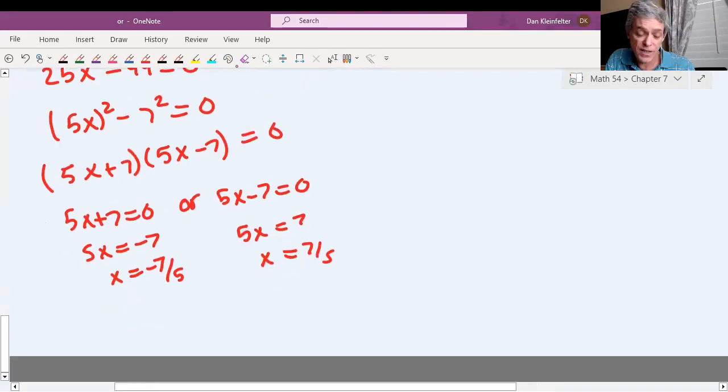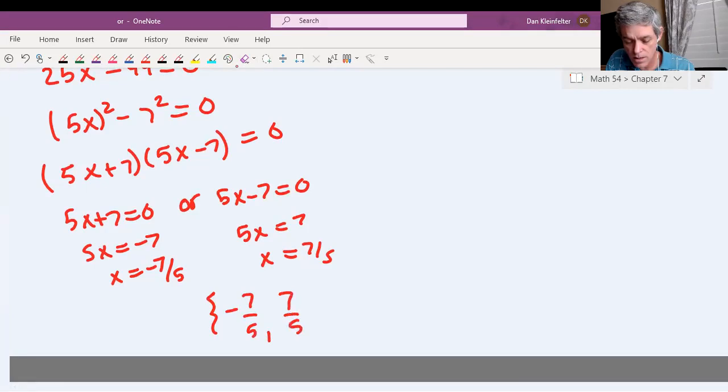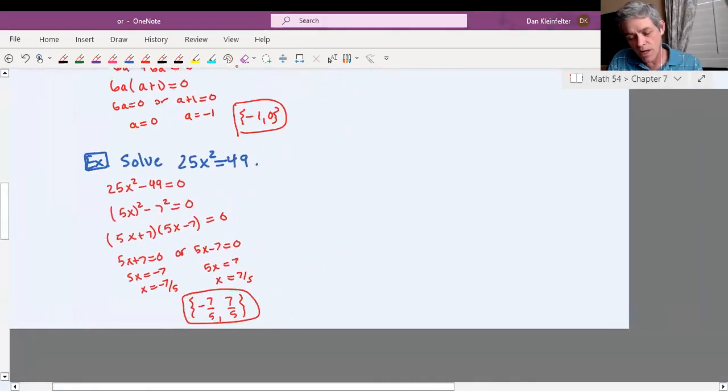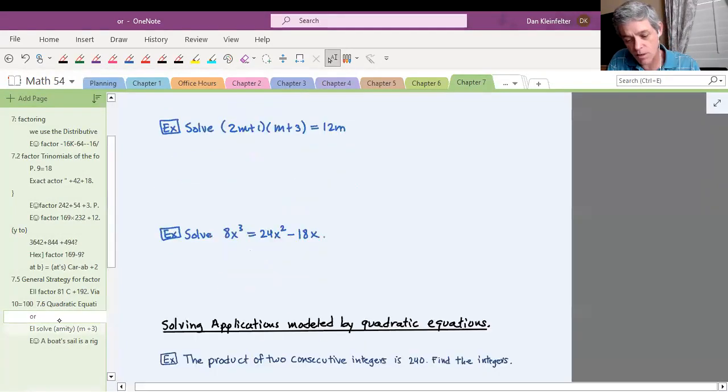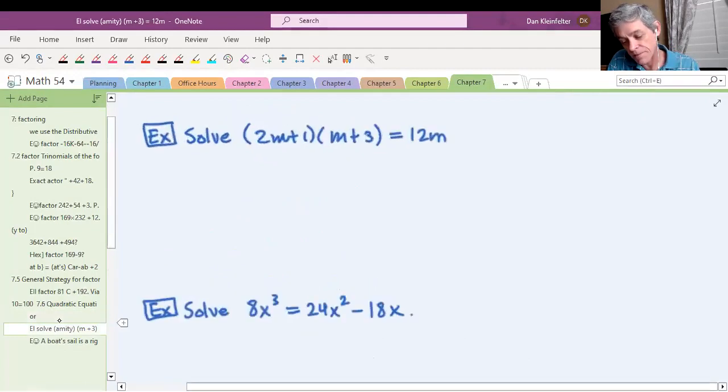So negative 7/5 and positive 7/5. There's our two solutions. So here we're using factoring as a tool to help us solve some equations. So we're going to keep trying, and eventually we'll get to some word problems, which will be some fun.